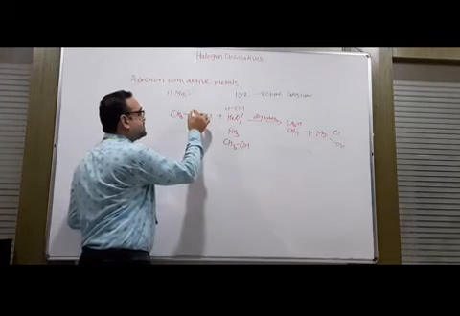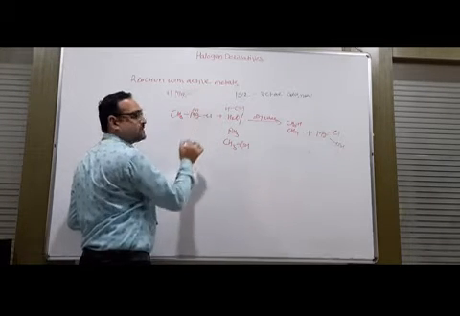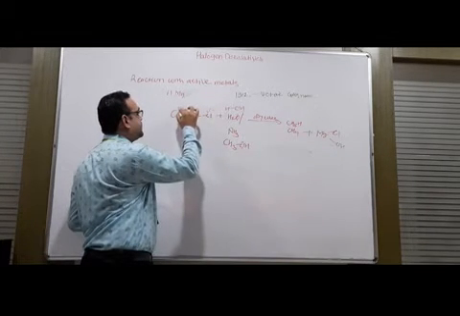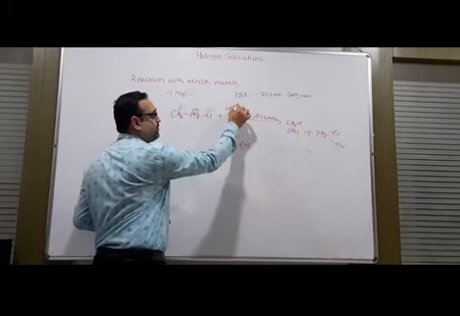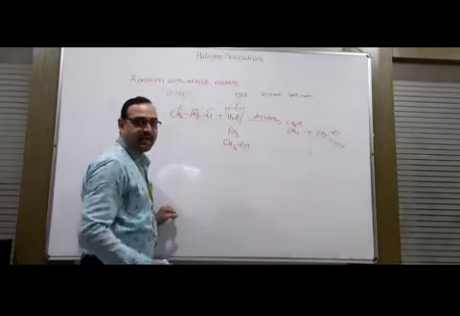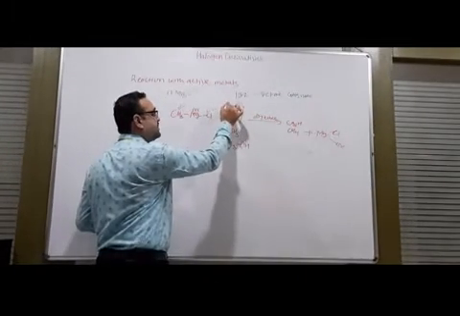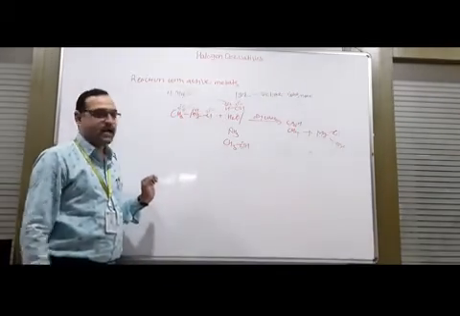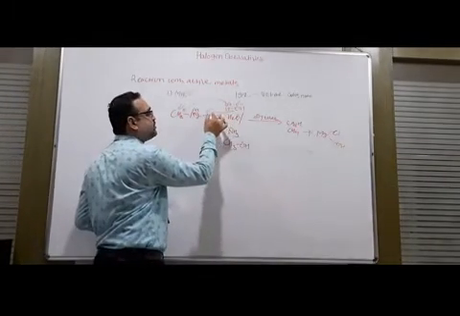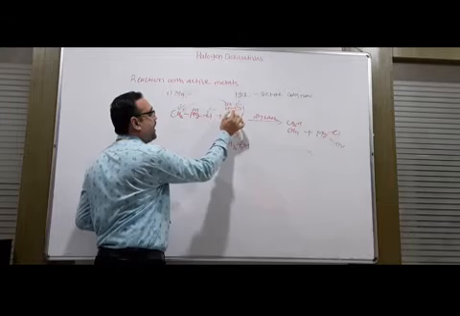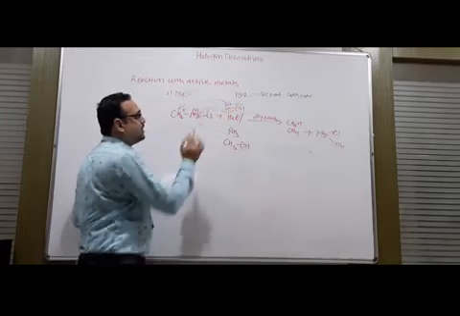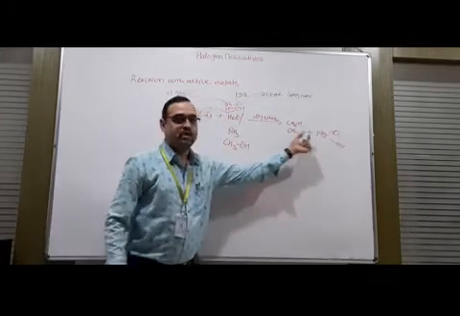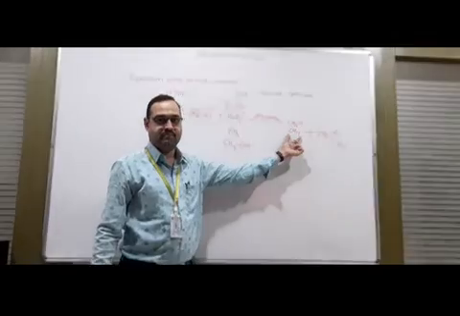Here this is delta plus, here is delta minus, here is delta minus. So the H goes towards the alkyl group, and this OH minus goes towards Mg, forming a compound along with methane.